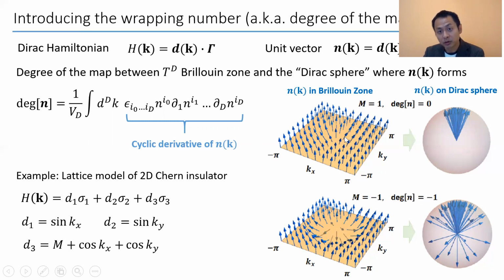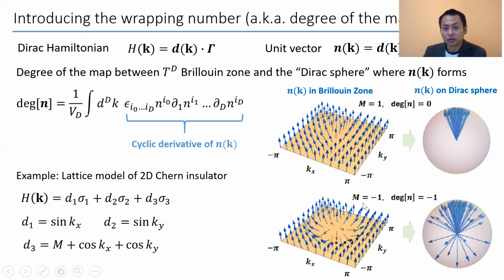Because most of them point upwards, they will become pointing mostly to the North Pole on this Dirac sphere. And in this case, if you use this formula to calculate the degree of the map, you will see that the degree of the map is actually 0, meaning that this n vector is not even wrapping this Dirac sphere once.